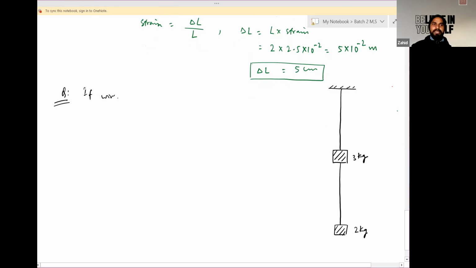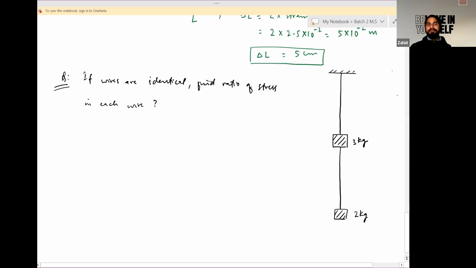If the wires are identical, find the ratio of stress in each wire. Wires are identical means length and area of cross section of them should be equal.